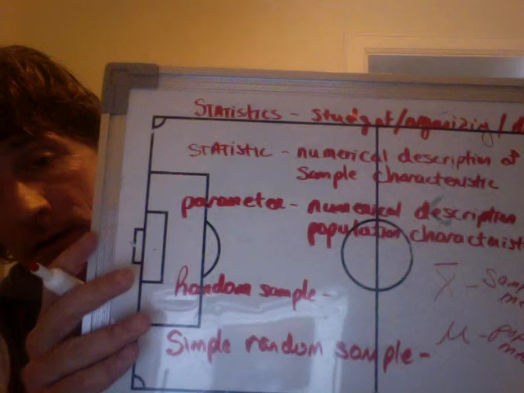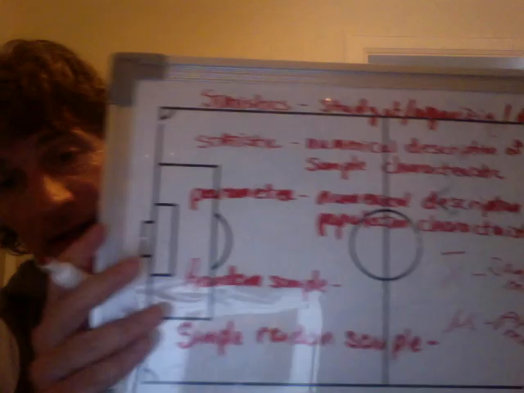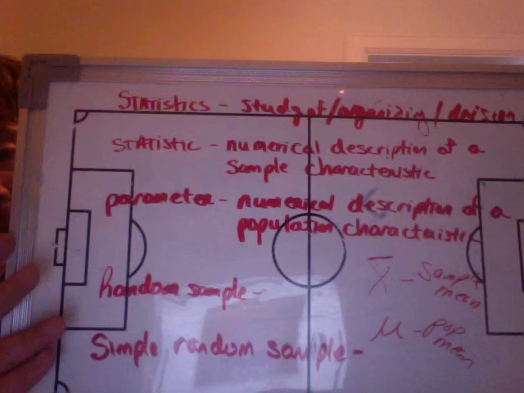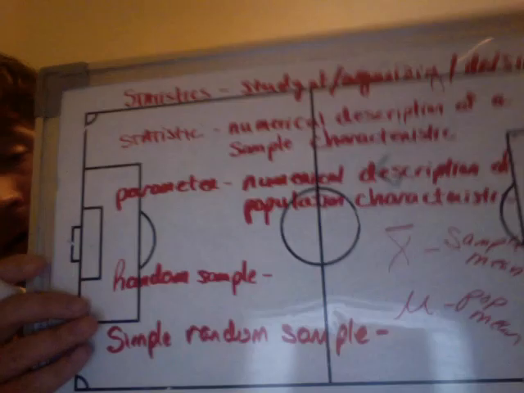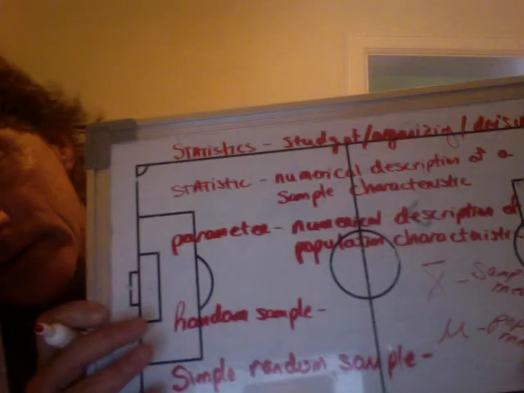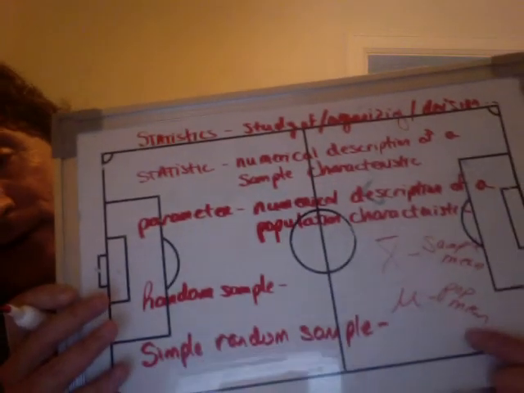On my left hand side is the X bar and the mu. X bar is the sample mean, mu is the population mean.